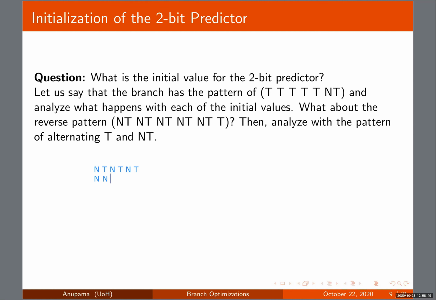So we say taken is the prediction. If we start with 0, 1, when it's not taken in the branch, then it goes back to 0, 0, according to you, right? No, no, no, no. Why should it?